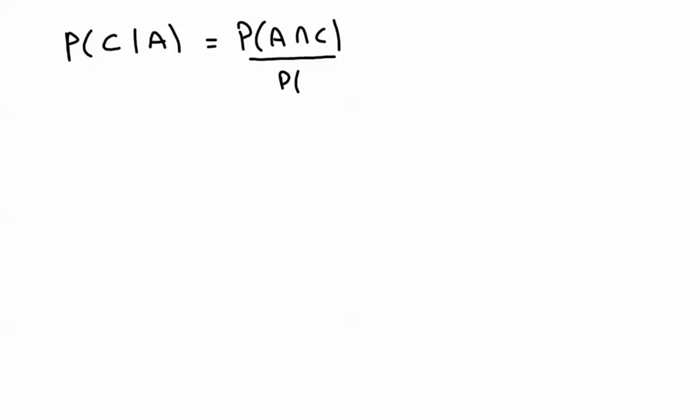Let's make some more observations. The probability of C given A equals the probability of A intersect C divided by the probability of A. And remember, event A is 7 total spots, and C is 4 spots on die 1.